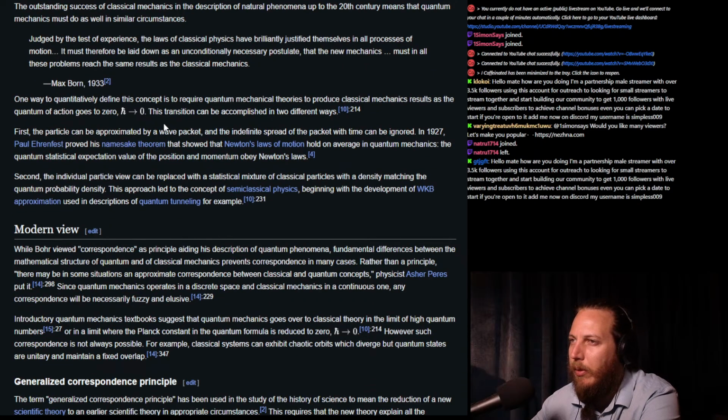First, the particle can be approximated by a wave packet, and the indefinite spread of the packet with time can be ignored. Paul Ehrenfest proves his namesake theorem that showed that Newton's laws of motion hold on average in quantum mechanics. Really? The quantum statistical expectation values of position and momentum obey Newton's laws.